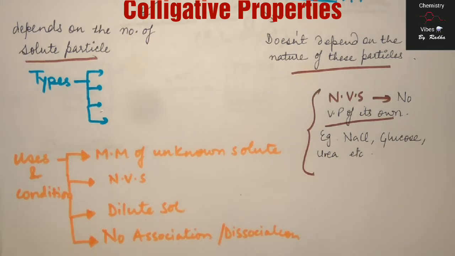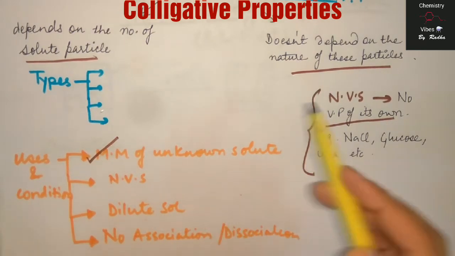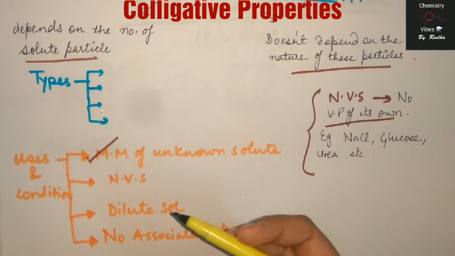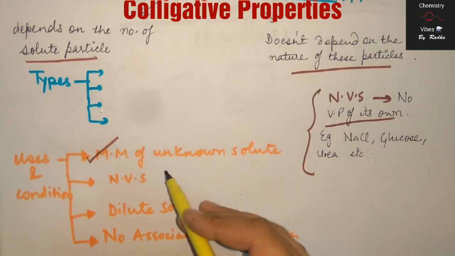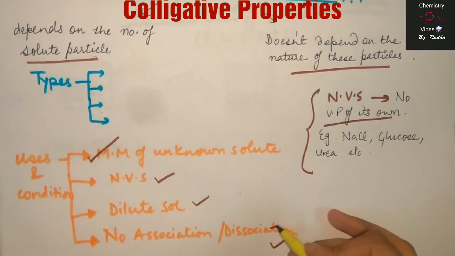Now, what is the use of these colligative properties? The use is they are used to calculate the molar mass of the solute. Now, the conditions where we can use colligative properties are: you must add a non-volatile solute in this. It is used for dilute solutions, and association or dissociation should not happen.